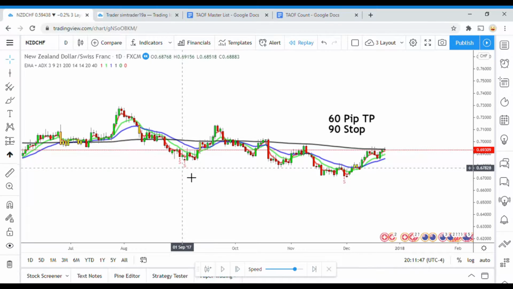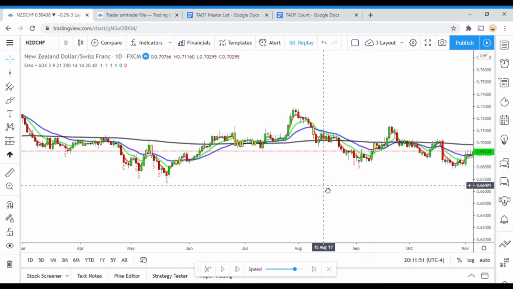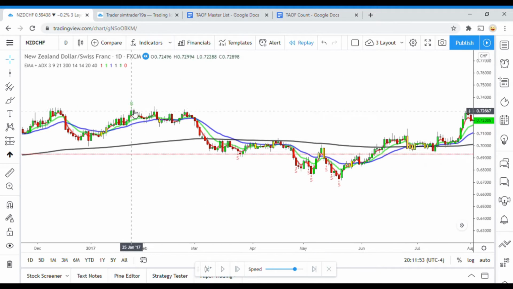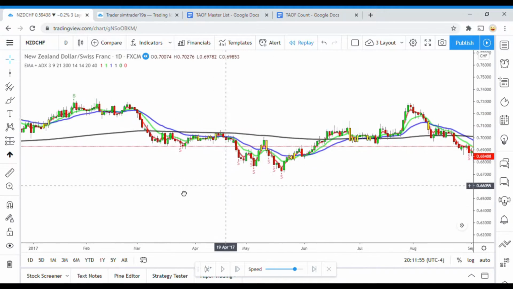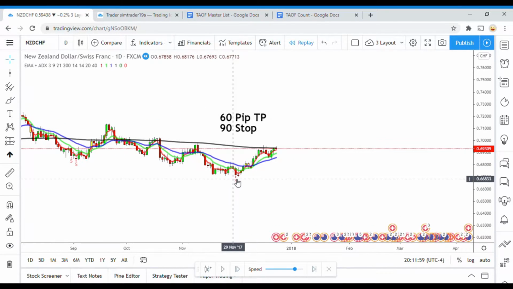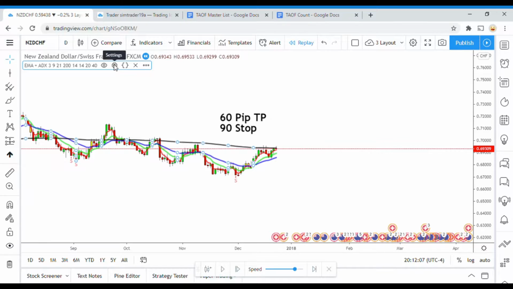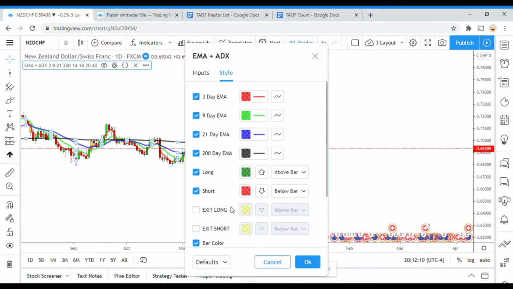But they have actually coded in these little signals, S for short, and let's see if I can find one, B for buy. So pretty simple. Basically all we have to do is play the chart and watch for either an S or a B to pop up, telling us to either go short or go long.